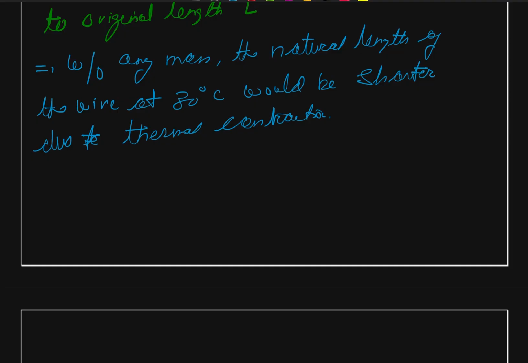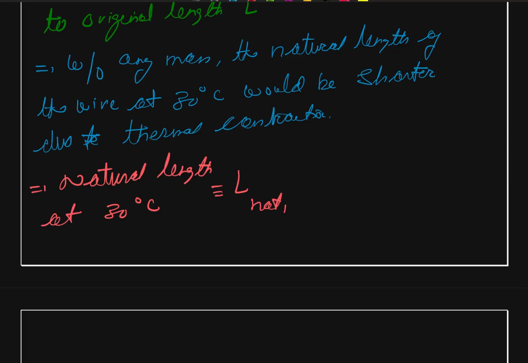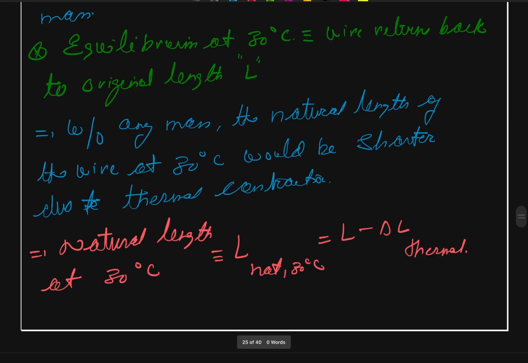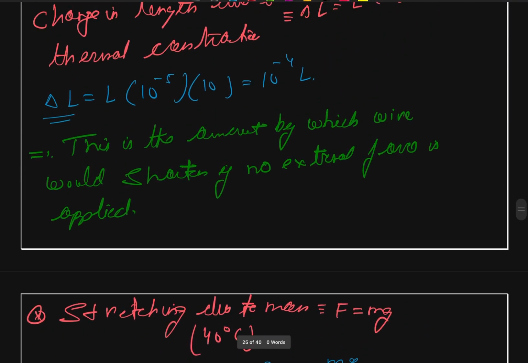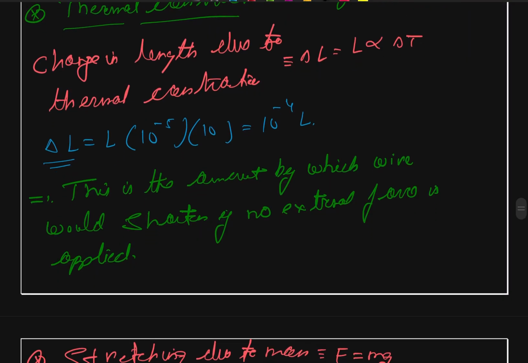Therefore, we can write that our natural length at 30 degrees centigrade, let us call this L natural at 30 degrees centigrade, will be equal to original length minus the change in length because of the thermal, delta L thermal.